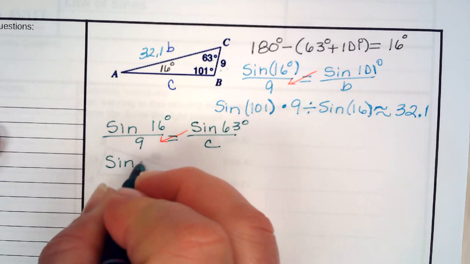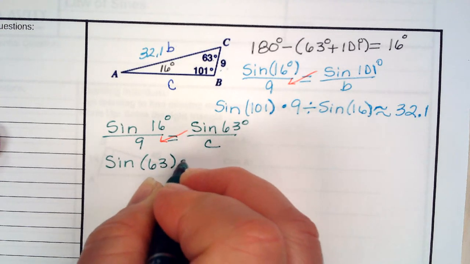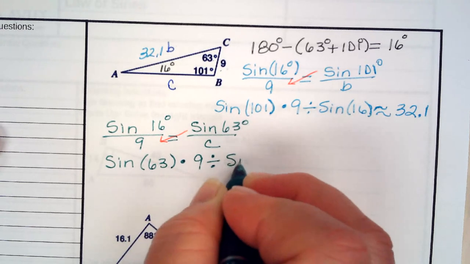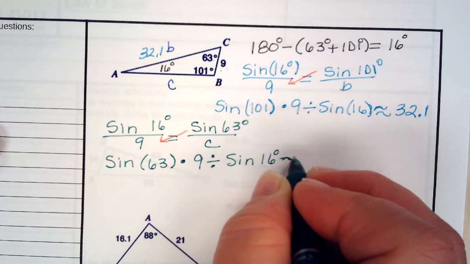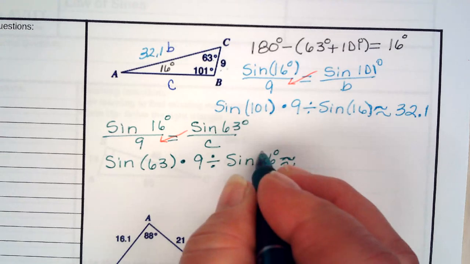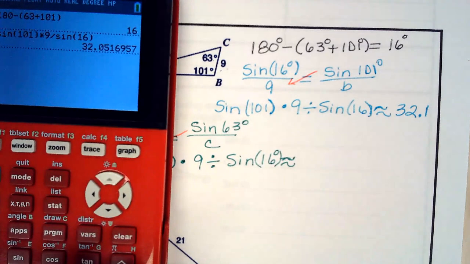Sine 63, close it off, times 9, divide by sine 16 degrees. That'll be in parentheses. You don't put the degree symbol in.